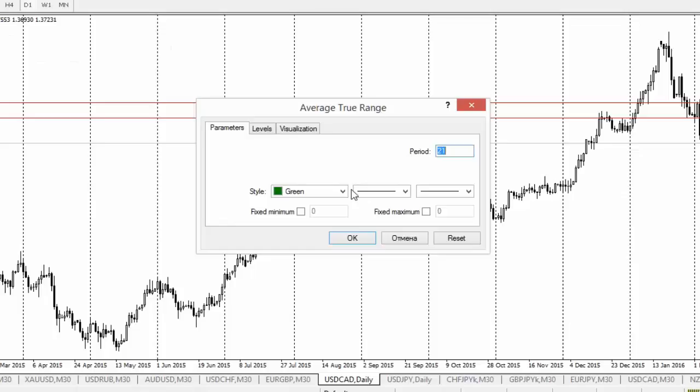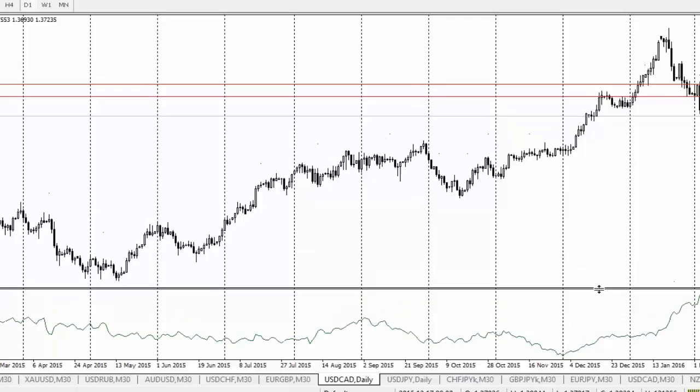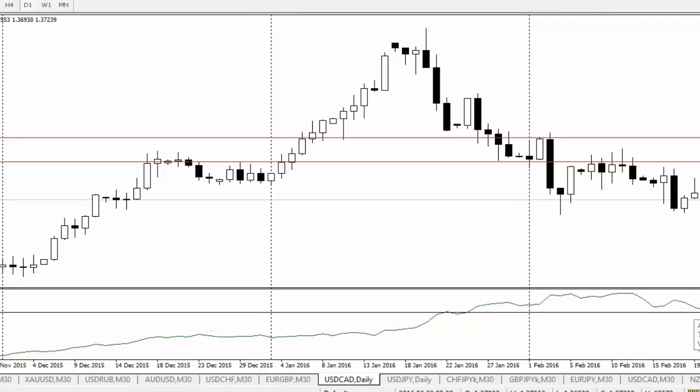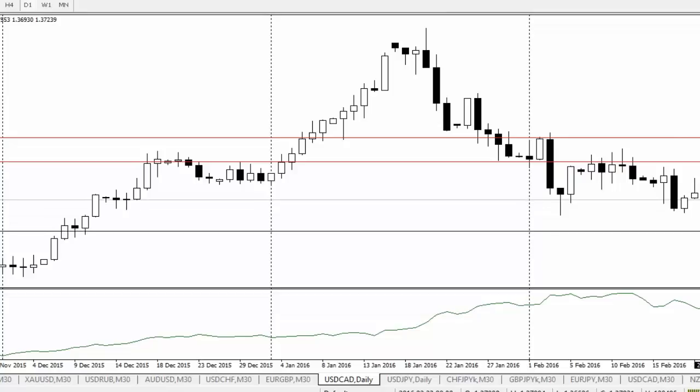I normally use the 21 parameter for my trading, and we have daily bars here. If we look at the ATR, we see that it is equal to 0.0134. It is 134 pips.